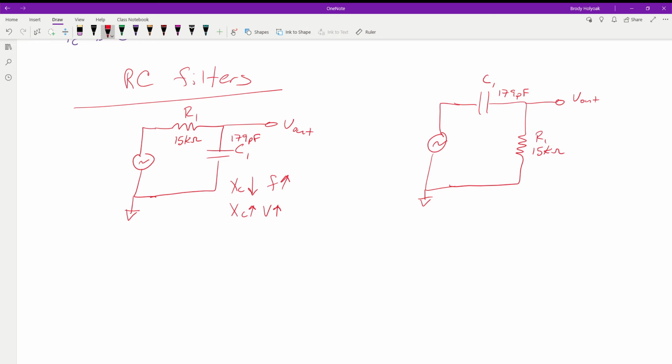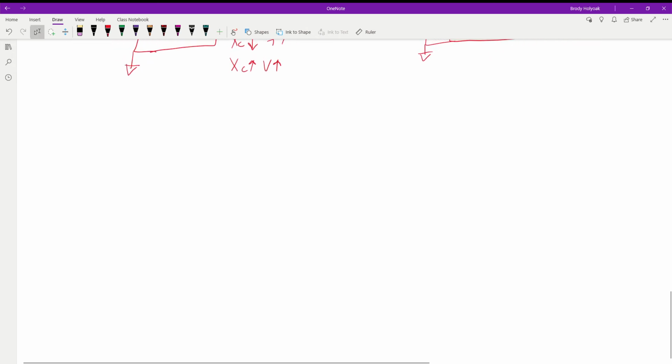The first types of filters we're going to deal with between RC and RL are going to be high pass or low pass. Those are the only two options that we have, and so we have to make the determination of which filter is which.